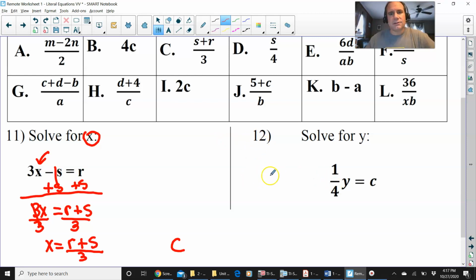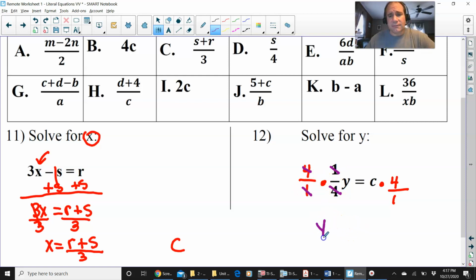But right now I'm going to show you two methods. I'm going to multiply, since I need this fraction to go away, cross-canceling. I am going to multiply each side by its reciprocal. Multiplying a fraction by the reciprocal will get everything, numerator and denominators, to cancel out.